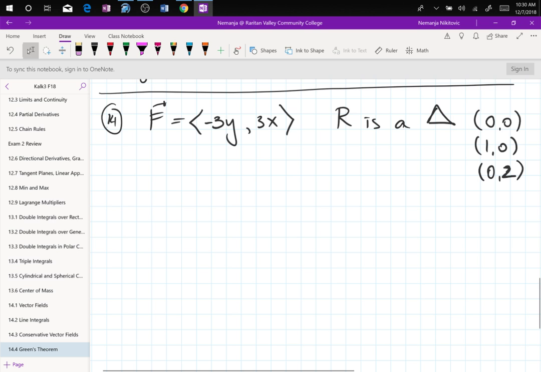And then you have to restart the problem again to go from 0, 2 back to 0, 0, because there are 3 lines. There are 3 different c's, and each one of those warrants its own integral, right? So that would take 3 pages, right, of calculations.